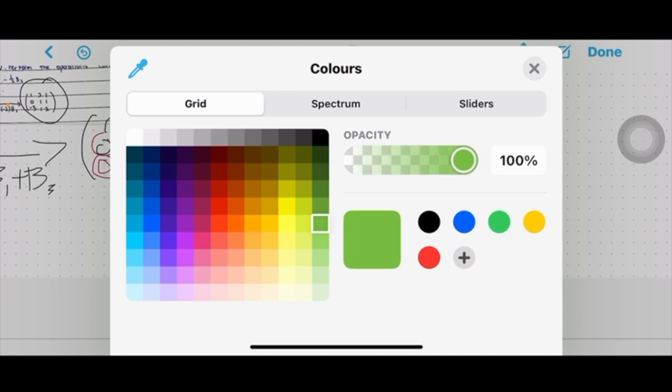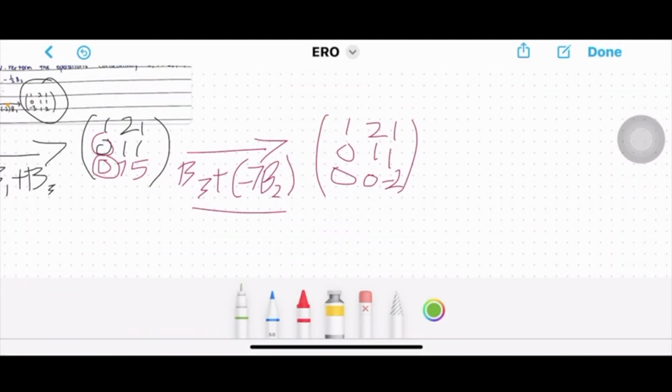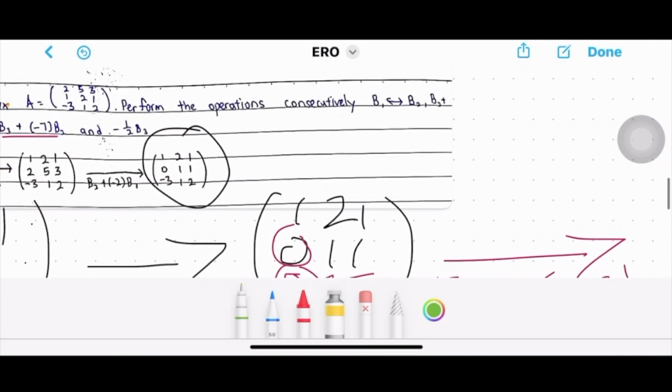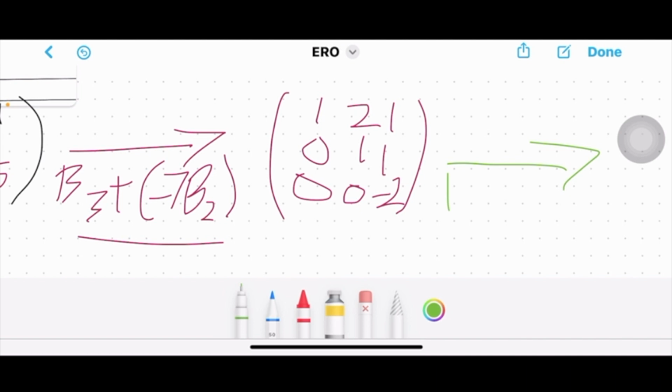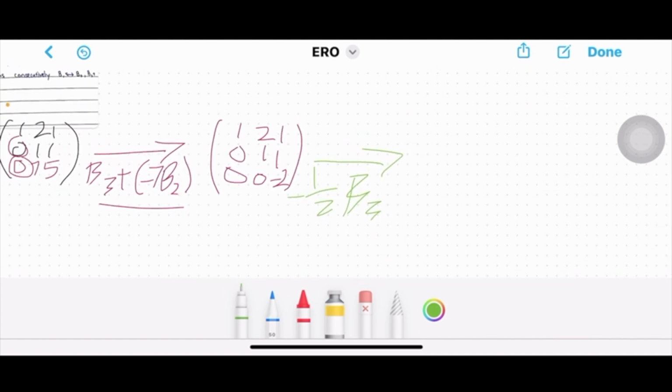So finally, our last operation, which is -1/2 times row 3. This operation does not affect the first two rows, so we can straight away copy them.